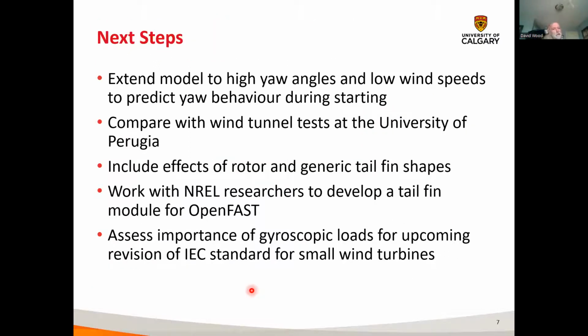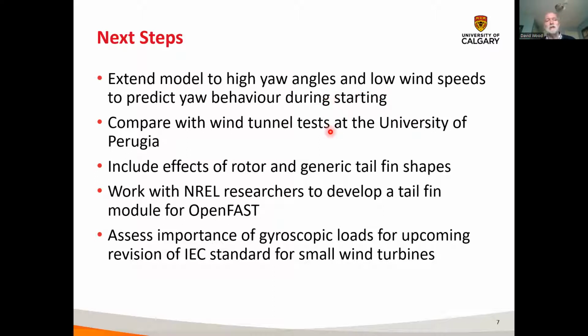So where we're going from here is to extend the model to high yaw angles and low wind speeds, because it turns out that for small wind turbines, you really only need a tail fin when the turbine is starting. Once it's producing power, the blades themselves tend to become stable in yaw anyway. So high yaw angles and low wind speeds are a pretty big challenge that we're working on at the moment.